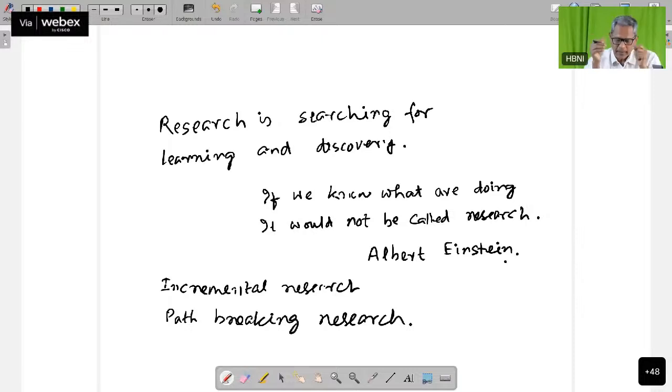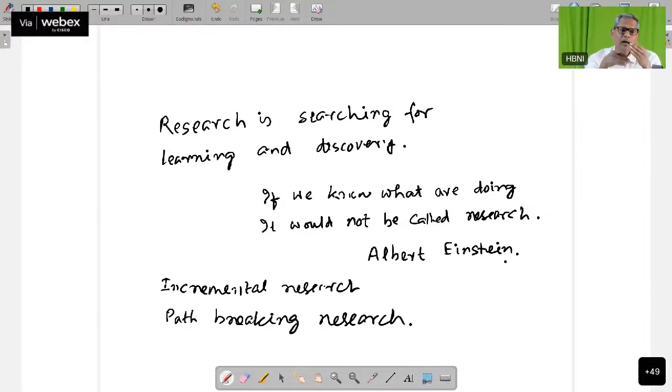Path-breaking research is when, after doing incremental research, maybe someday you will do a path-breaking one. For example, understanding subatomic particles needed a different equation of motion like the Schrodinger equation rather than the normal Newton equation of motion.